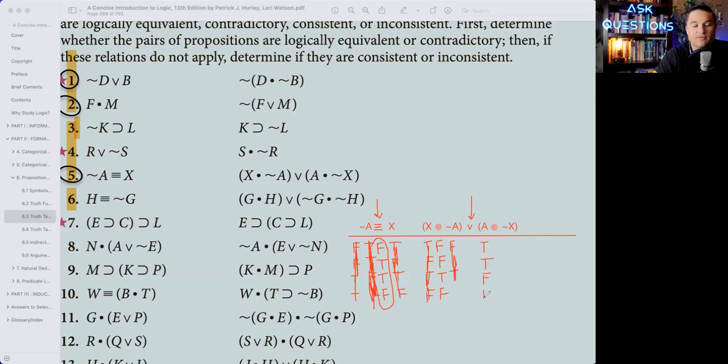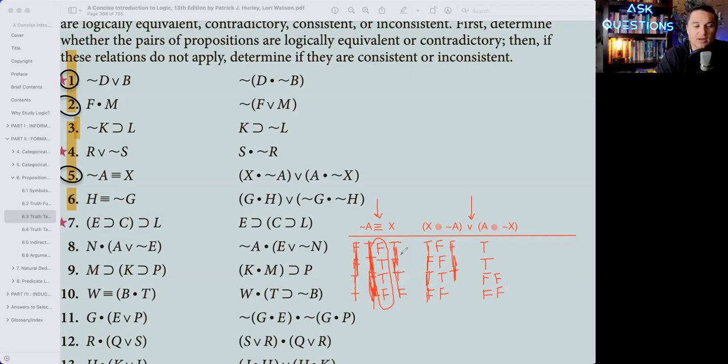And in line 1, 2, 3, 4, in line 3 and 4, this conjunction is false, the left side of the conjunction is false. The whole thing has to be false. That's the nature of conjunctions.